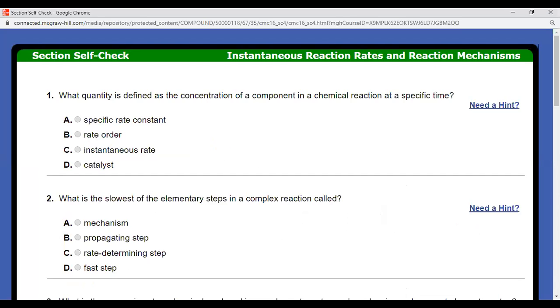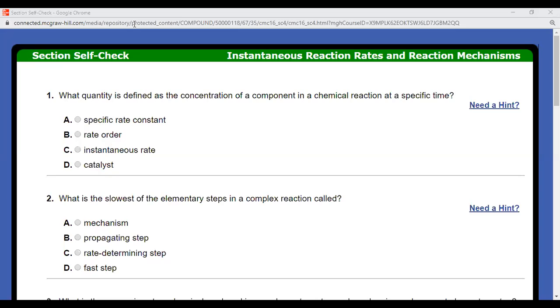Question number 1. Can you answer it, Hussein? What quantity is defined as the concentration of a component in a chemical reaction at a specific time?